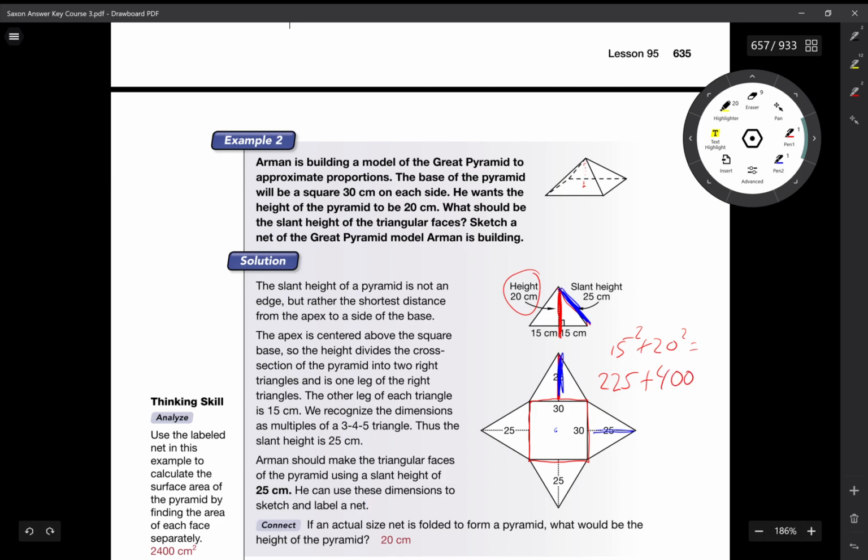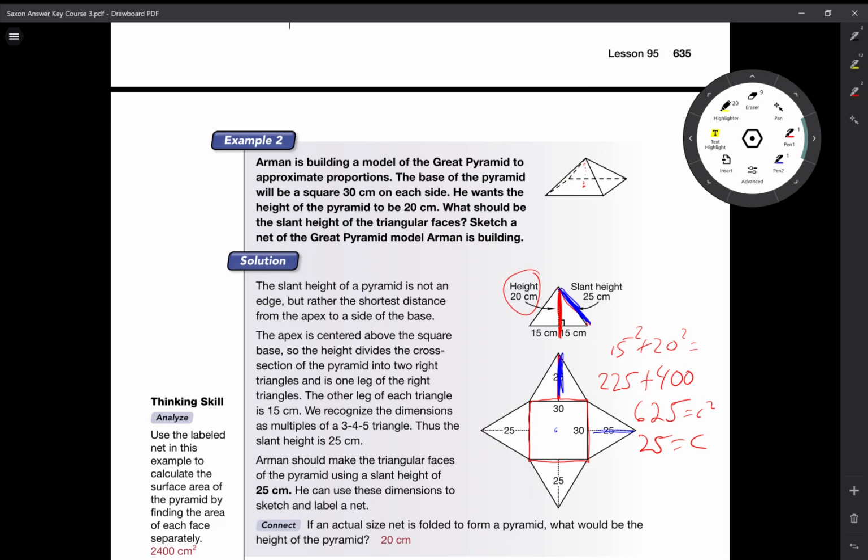That I should have been able to do in my head. 625 equals C squared. So the square root of 625 equals 25. And that's how they got the 25 centimeter slant height.